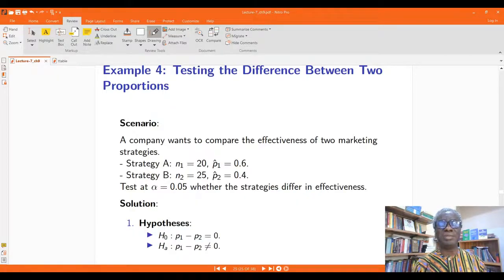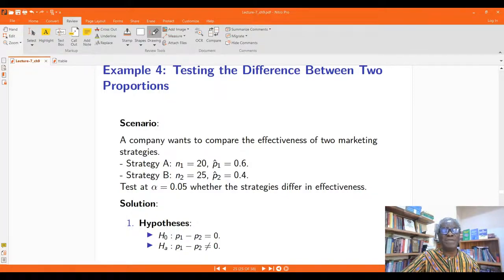And then the proportion of those from the sample of 20 that succeeded in getting the product, maybe buying the product, is 0.6.